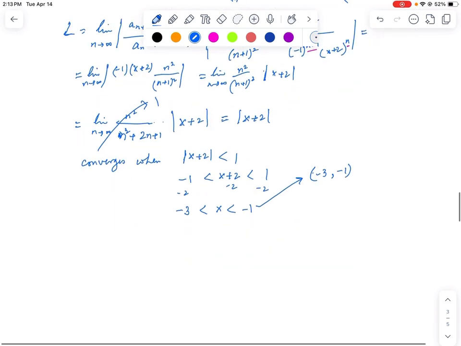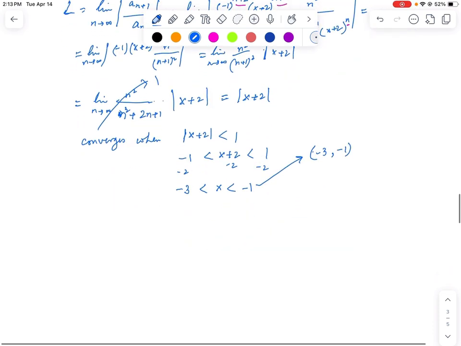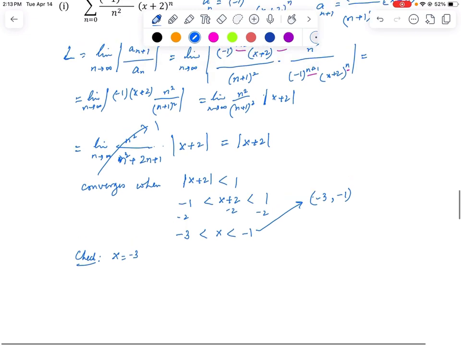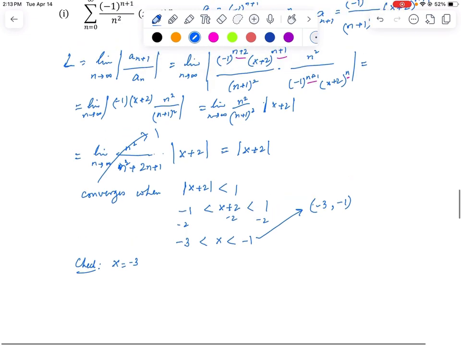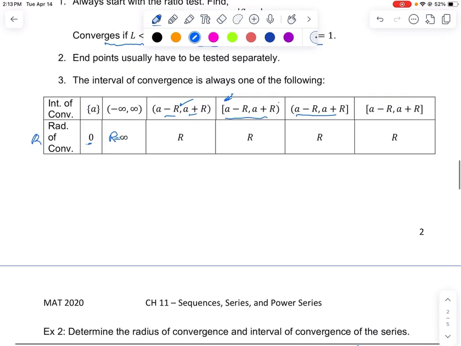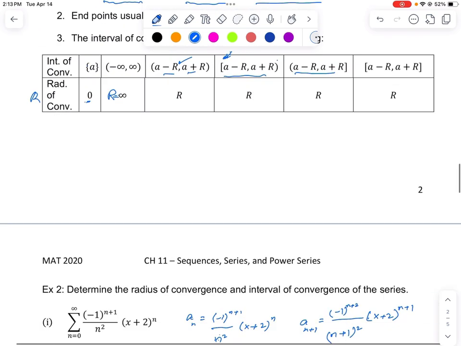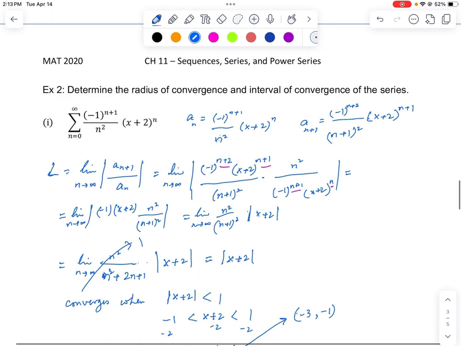So let's check when x is equal to negative 3. So when x is equal to negative 3, what does the series become? Remember, we saw in a previous example, by plugging in the values, we get different series.